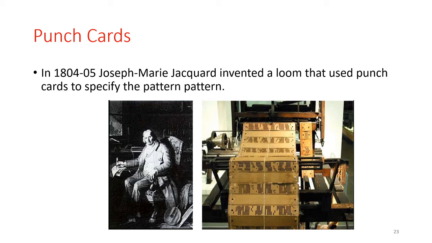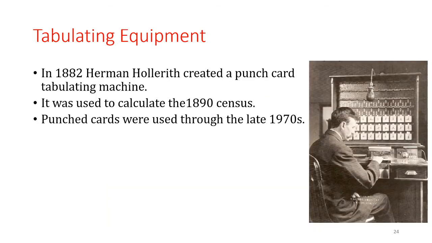So those are some of the earlier examples of how some level of information is used in some level of operation or computation. Then there were some calculating or tabulating devices that were able to do some calculations and computations, and so on.